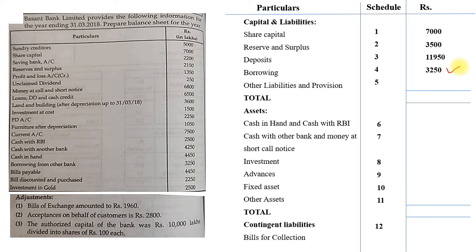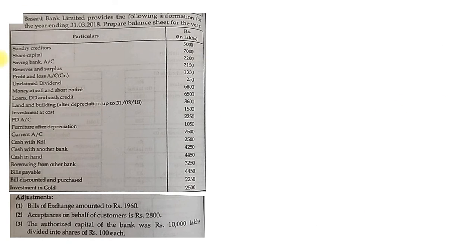Now whatever remaining liabilities are available, that comes under other liabilities. Chalo. Again, I'll just cross out. What other liabilities are there? Creditors, yes. Share capital has been done. Saving is done. Reserve is done. PNL is done. Unclaimed dividend, yes, that's a liability. Money call, no, no, loan doesn't come here. Investment, fixed deposit has been done.